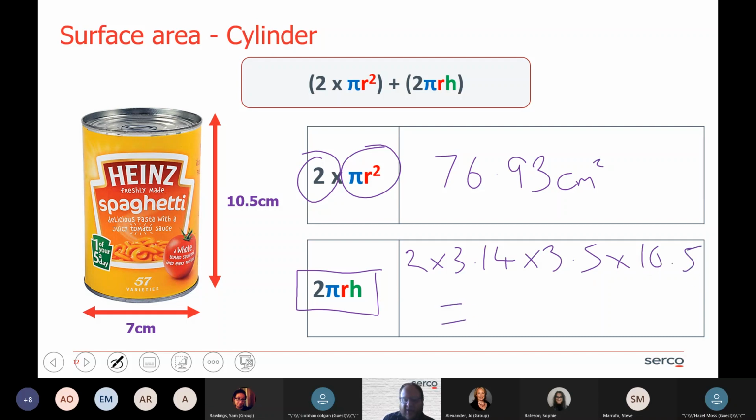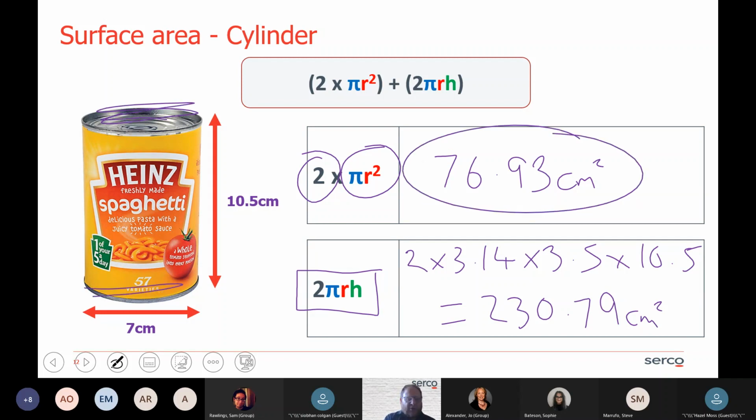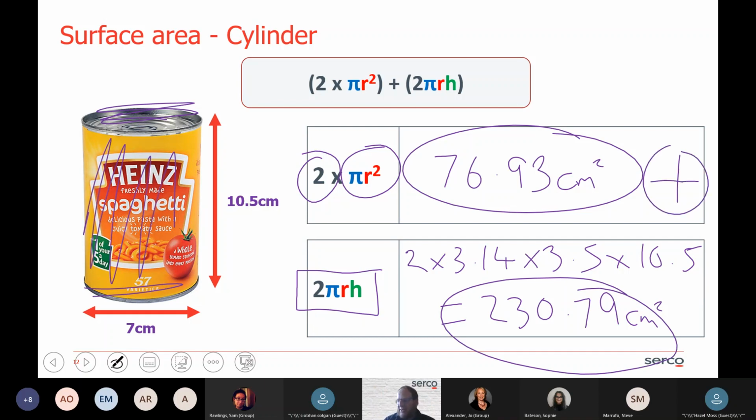And if I multiply those all together, I'm going to double check my working. 2 times 3.14 times 3.5 times 10.5 gives me 230.97 centimetres squared. So we now know the area of that top bit and the bottom bit is 76.93. We know the area of the bit in between is 230.97. So all we do is add those two together, which gives me a total of 307.90.